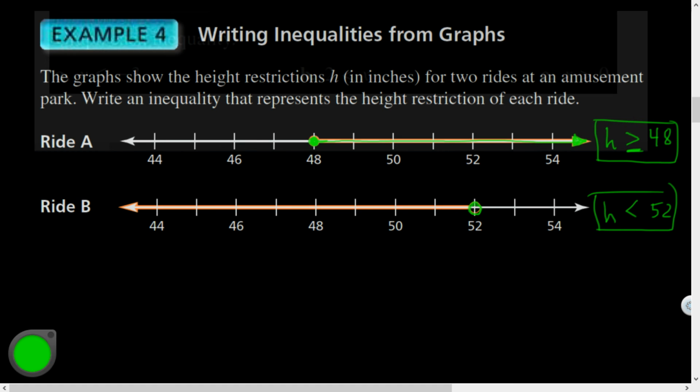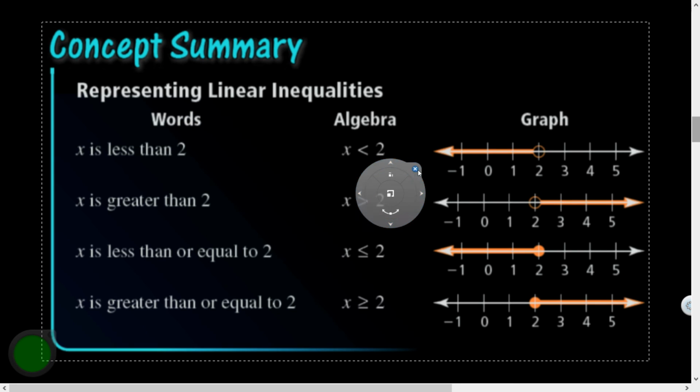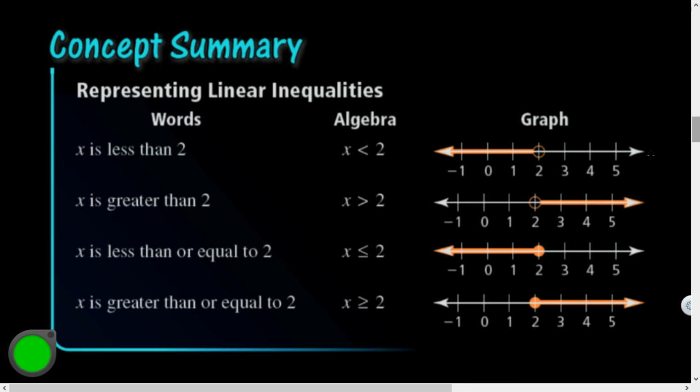Today's lesson ended up being the easiest in the world. We're just talking about shading and writing inequalities. You just have to remember which way is which, and what these new symbols mean.